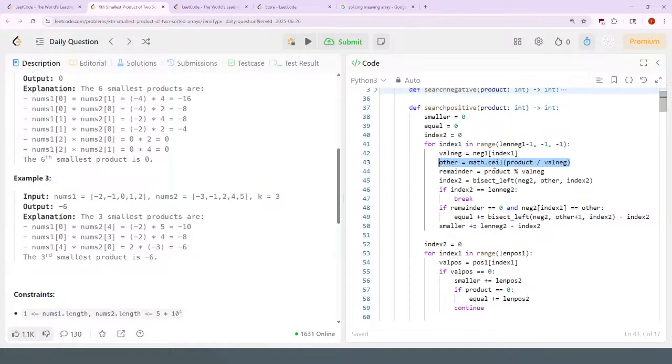Say the product is 10 and your negative value is -3. Then for the other negative value to multiply to something smaller than 10, 10 divided by -3 is approximately -3.3.